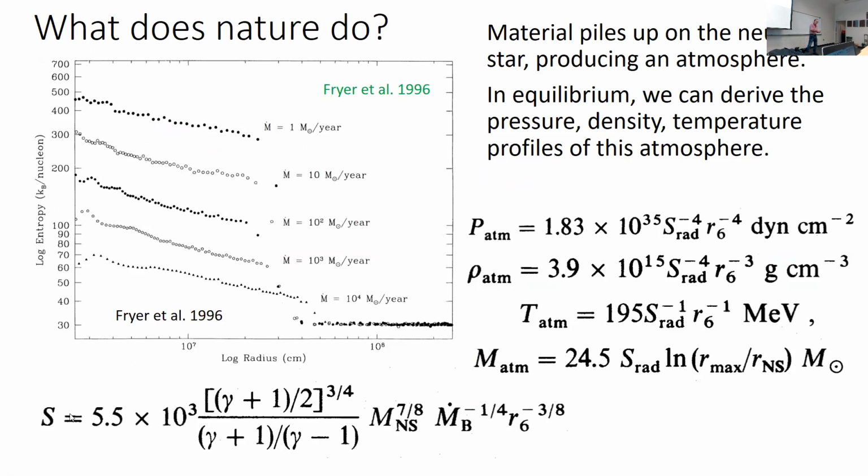You can get up to 500 or even 1,000 Boltzmann constant per nucleon in these atmospheres as they crash down, because you shock them and heat them up. So you can get some high entropies, but they're still around 1,000 Boltzmann constant per nucleon.